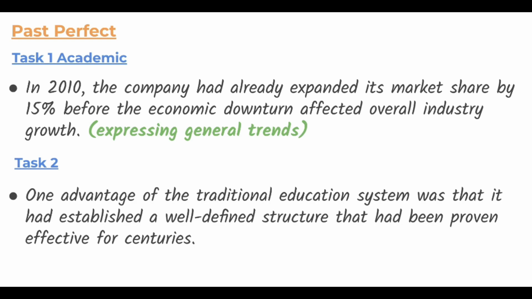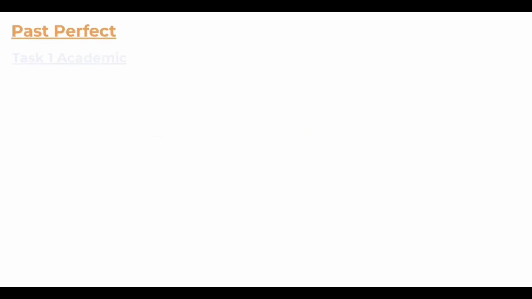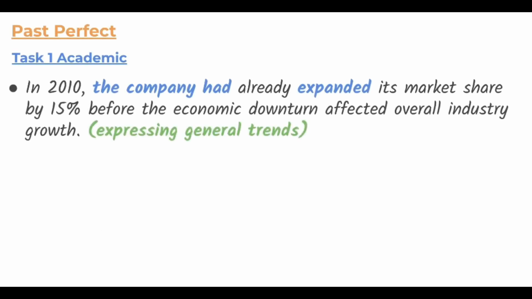Okay, so have a think about any past perfect in these two examples. We know that we need our auxiliary verb had and the past participle now. Let's see. Okay, so the company had expanded.